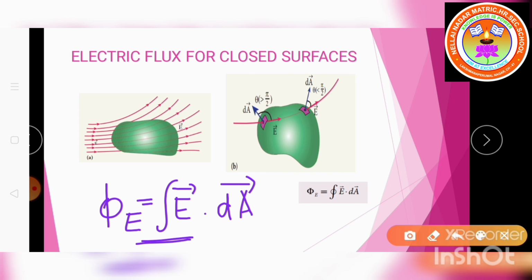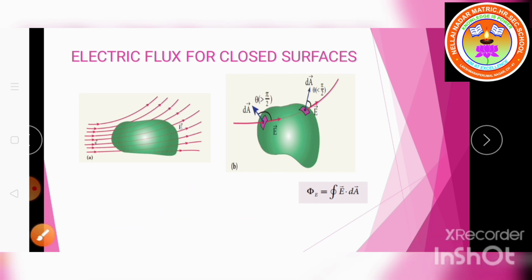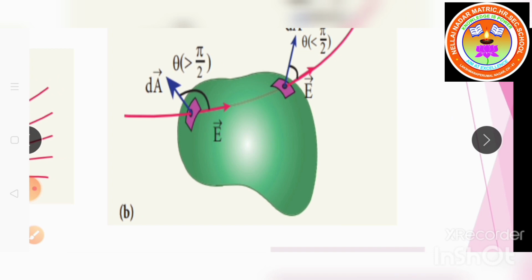Now listen, children, for the closed surface, in the place of the integral we put one closed circle on the integral sign. Understand? So it is very, very important. So we can say that the total electric flux over a closed surface can be negative, positive, or zero. For that, let us take this diagram.